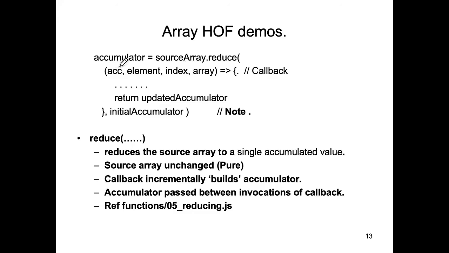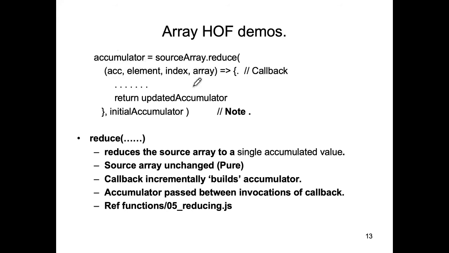So the first argument of the callback is always essentially the current value of the accumulator. For the first invocation it's going to be the same as the initial value. You also pass it the element of the array that's being processed, and optionally you can pass these two arguments as well, but in most cases you don't actually use them. So the important ones are this one and this one.